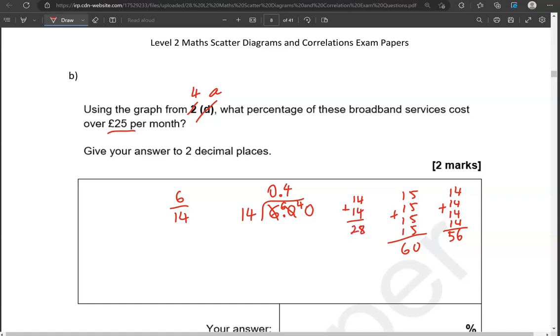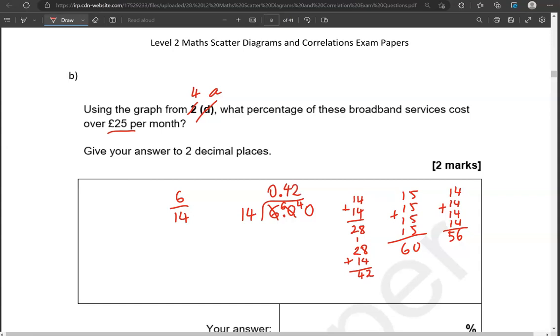Can we fit another 14 to make 3 lots of 14? 8 and 4 is 12, so 2 down, 1 carried over. 2 and 1 is 3, and the 1 is 4. So that is 42, which is higher than 40. So we can't fit 3, we got to fit only 2.